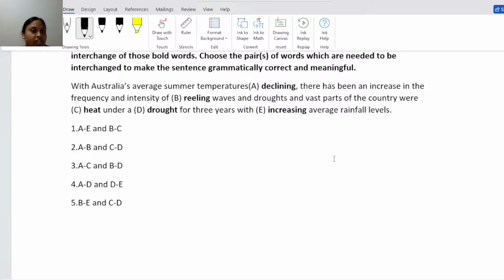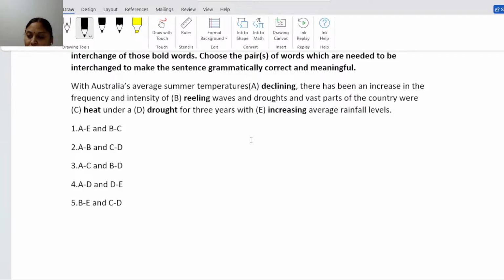So, with Australia's average summer temperatures declining, meaning decreasing drastically day by day. Increase in the frequency and intensity of reeling waves and droughts, and vast parts of the country were heat under the drought for 3 years with increasing average rainfall level.